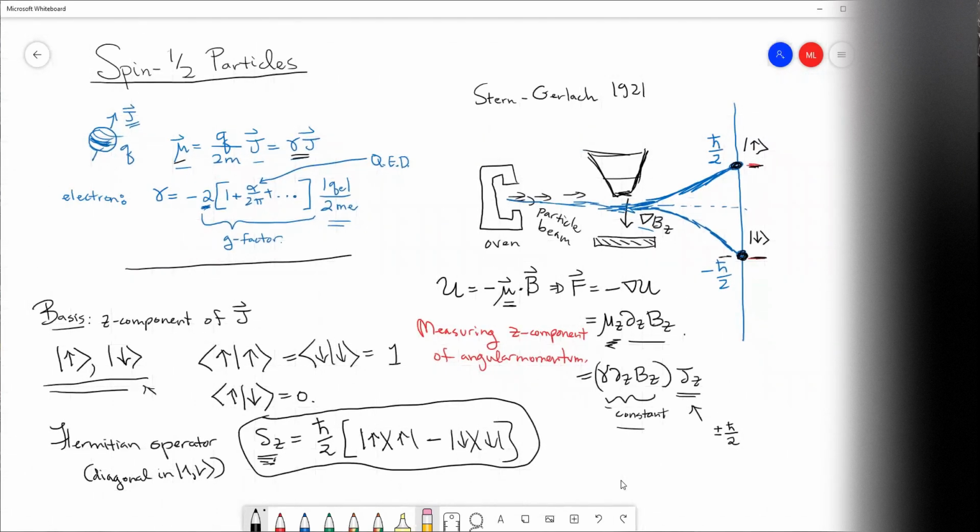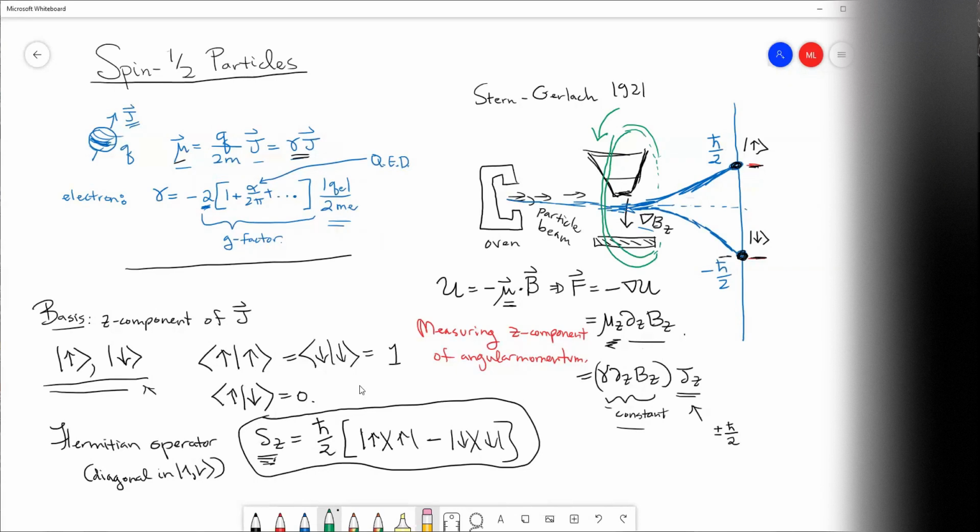But we recognize now that there's nothing special about the direction of z, right? We could have put this magnetic field gradient apparatus on some kind of rotating wheel, and we could rotate this around and orient the direction of the gradient along any direction we want.